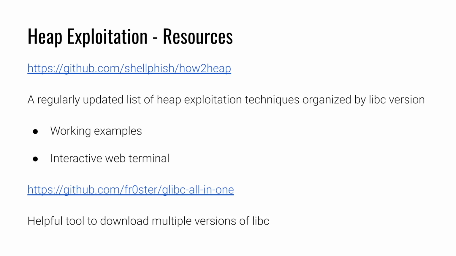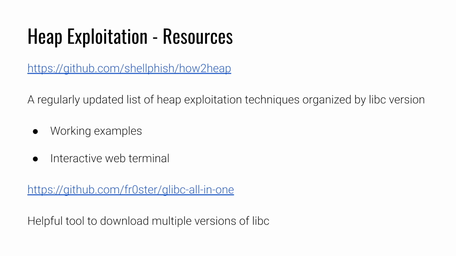Exploits can be found at this website, github.com/shellphish/how2heap. This is probably the best single resource I can point you to. I mentioned at the beginning of this lecture that heap exploits are heavily dependent on libc versions.